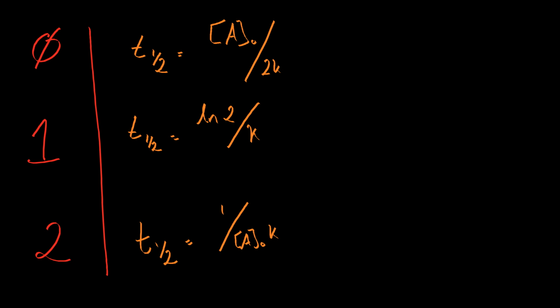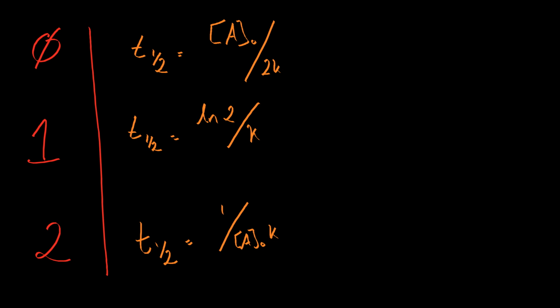So a lot of the time you just get into the habit of talking about natural log as if it were the only real log, as if it's the only log that mattered. So I apologize if I make that mistake, but T1/2 equals natural log of 2 divided by k. And for a second order reaction, T1/2 is 1 over [A]0 k.